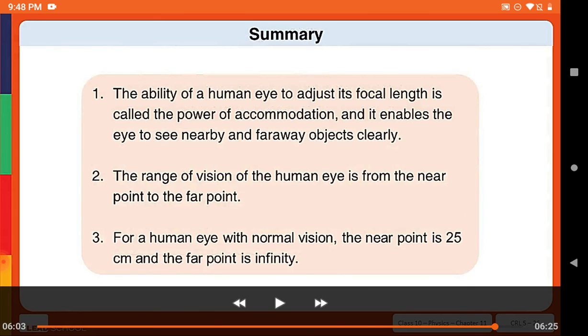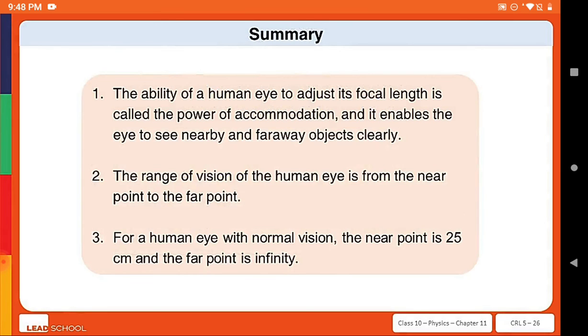So students, in this whole video we have learned about the ability of the human eye to adjust its focal length, and what the power of accommodation of the eye is. Power of accommodation means how far we can see and how near or closest to our eyes we can see clearly.